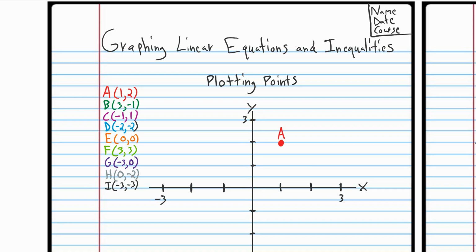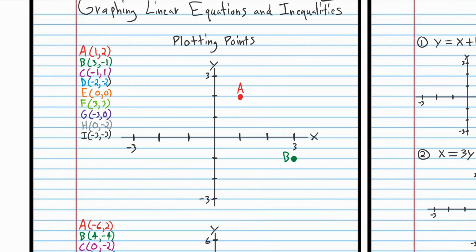So now we'll do B. So B says go out 3, 1, 2, 3, and then down, because it's -1, down 1. So that point would be here, and we'll put a B next to it. So that's how this works. It's pretty easy. So the purple C, we have a -1, so we'll go -1 out this way, and then up 1. So that's our purple point.